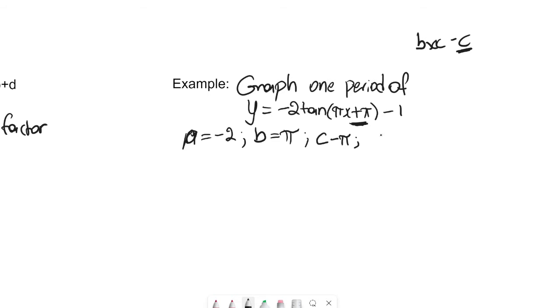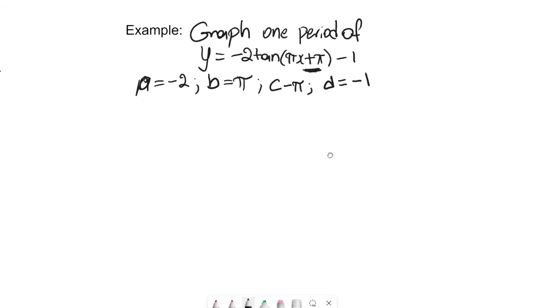And then my D is going to be -1. So these things are going to help us now to come up with our graph. For instance, our stretch factor is the absolute value of A, the absolute value of -2, which is going to be 2.